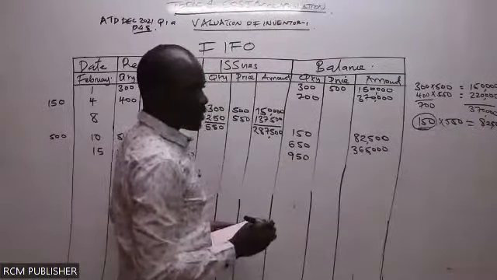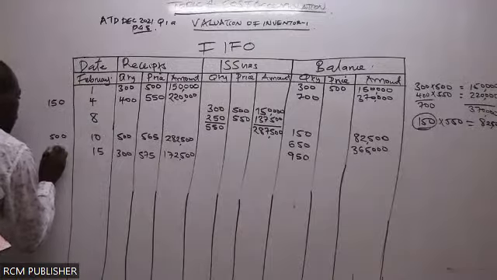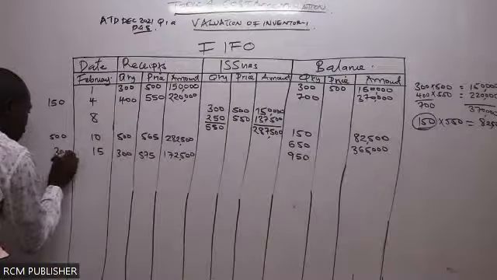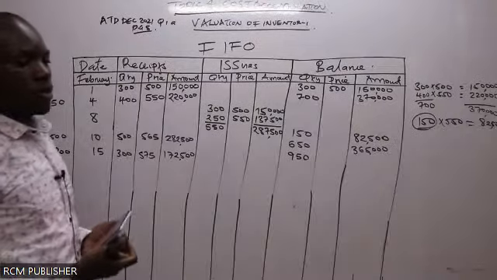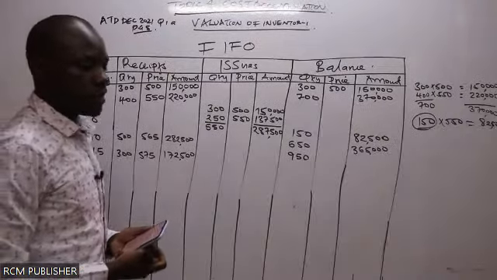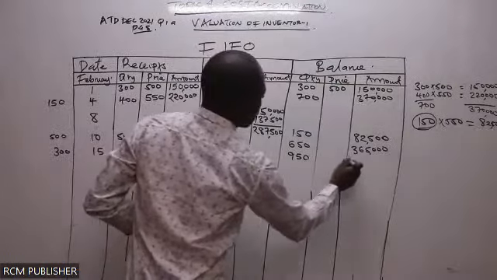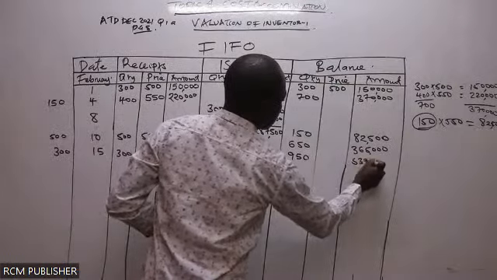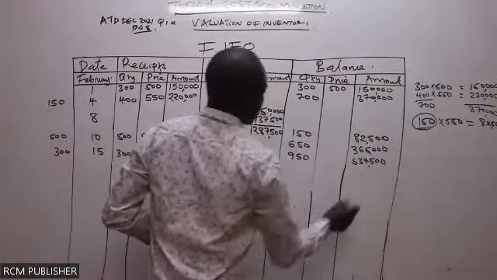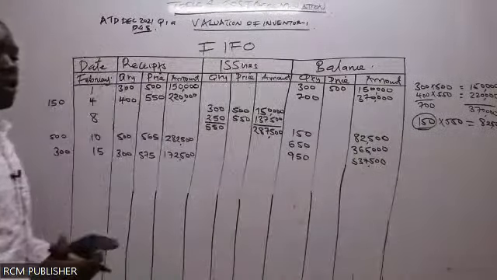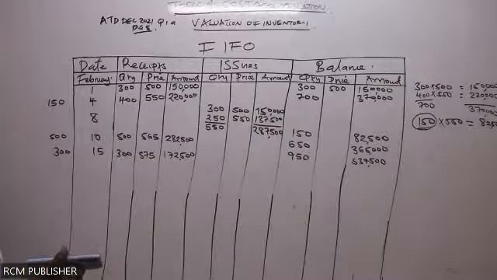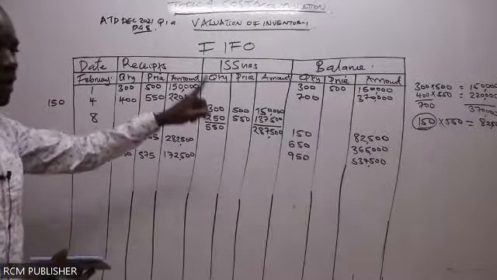950 in terms of units, and in terms of value, 537,500. Up to that point, somebody may need to prove how am I getting this 537,500?